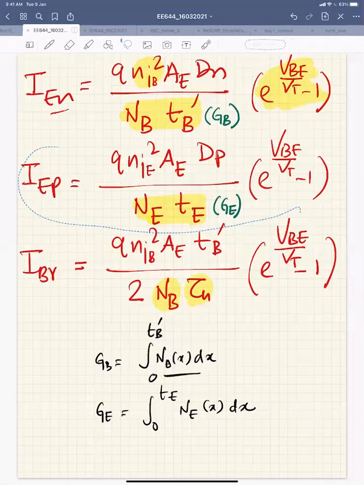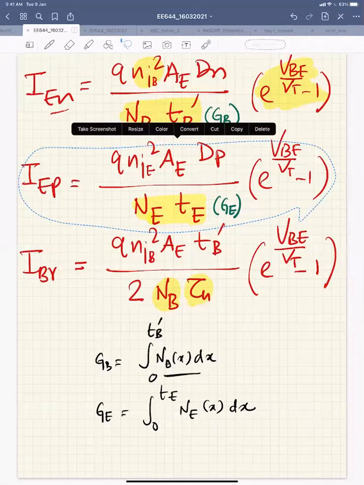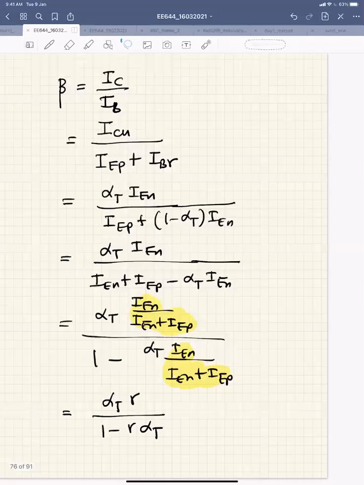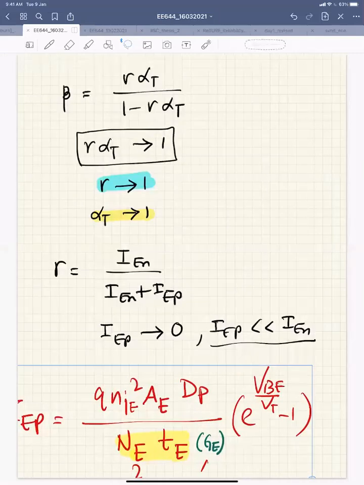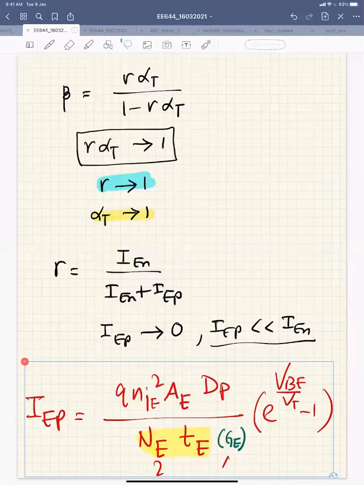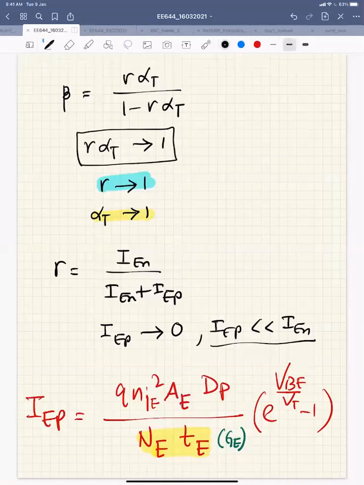If I copy this part, if you look at IP, right? Here, if you want to increase gamma, or if you want to reduce IP, you have to increase your emitter doping, and you have to increase your emitter thickness, right, the thickness of the emitter and the doping of the emitter, right?